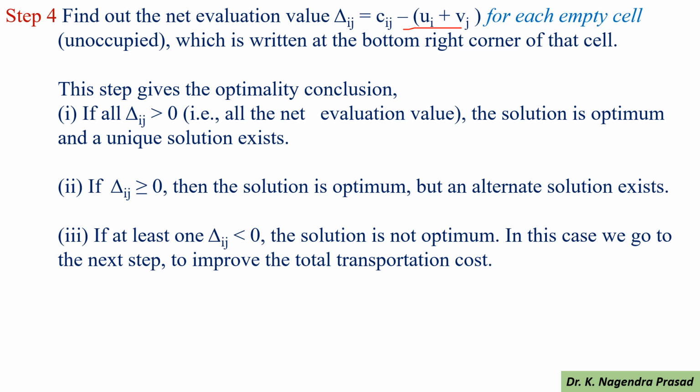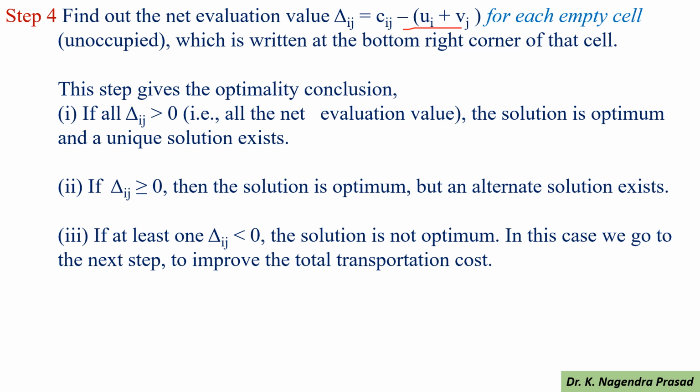This step gives the optimality conclusion. First, if all values of delta ij are greater than 0, then the solution is optimum and a unique solution exists. Second, if delta ij is greater than or equal to 0, then the solution is optimum but an alternative solution exists. Third, if at least one delta ij is less than 0, that is, a negative value, then the solution is not optimum.